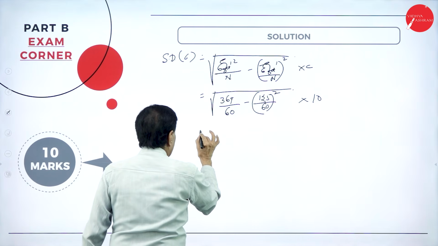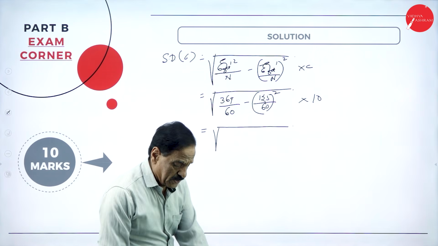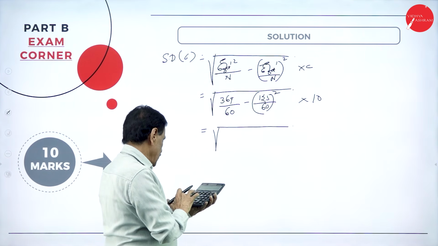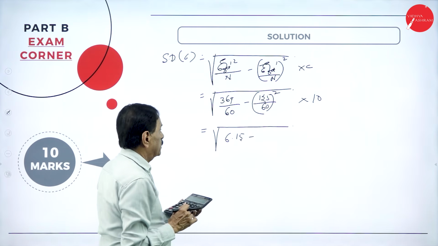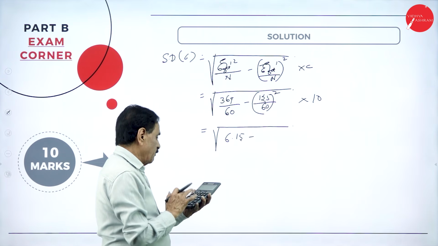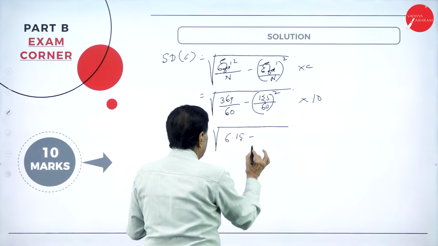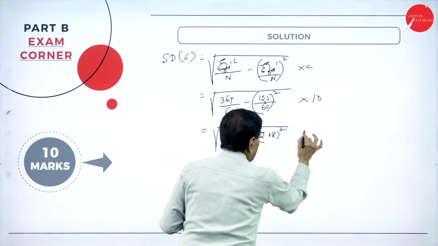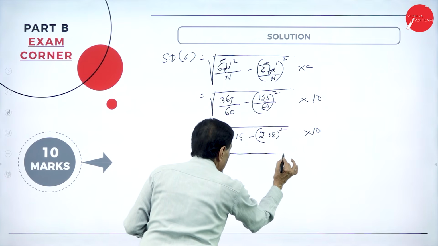Simplify: root of 369 divided by 60, this is 6.15, minus 125 divided by 60, 2.08 whole square, into 10.